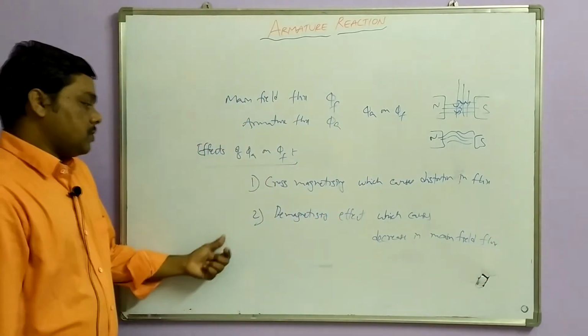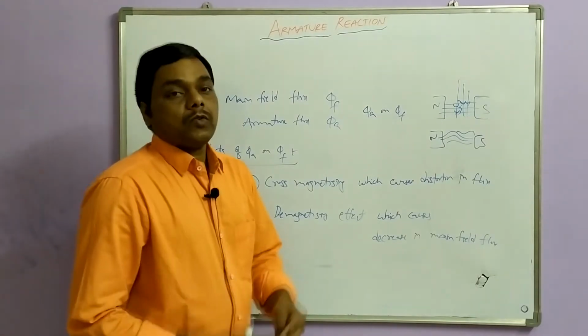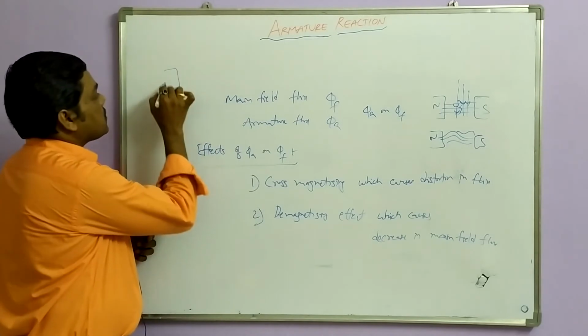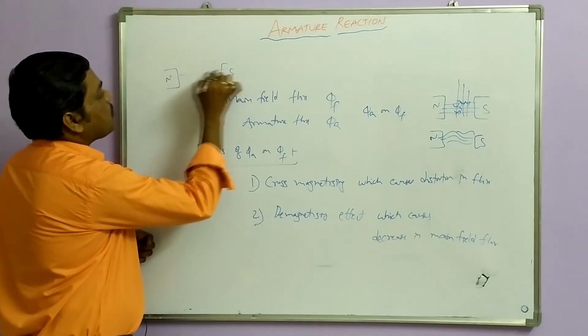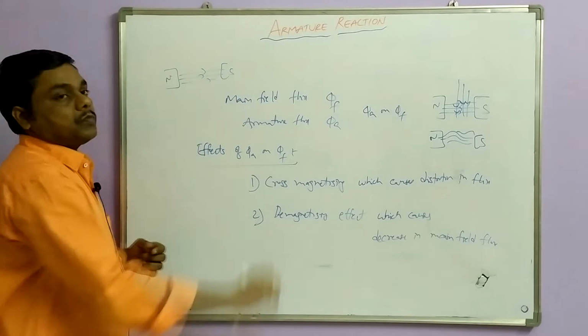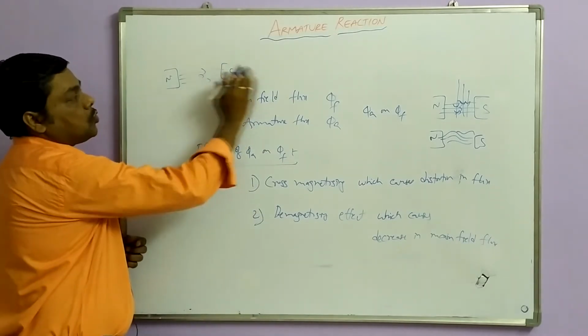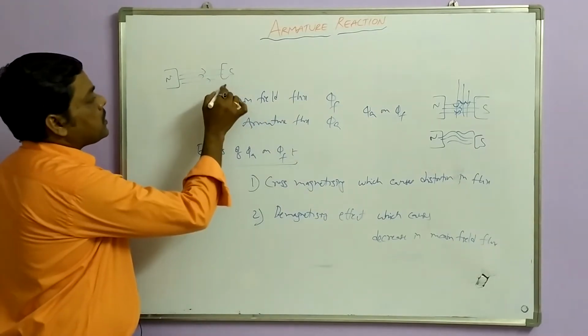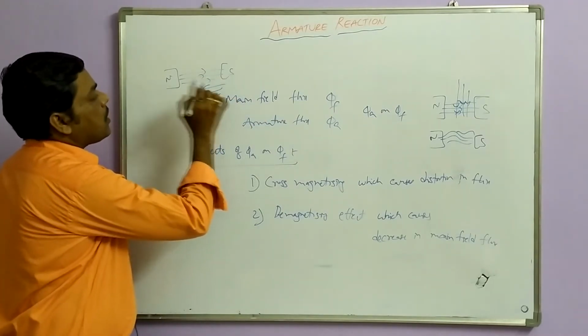So this is the demagnetizing effect. So what is meant by demagnetizing effect? Suppose the main field flux is flowing from north pole to south pole in this direction. That means from left to right side. Whereas the armature flux is flowing in the opposite direction to the main flux.